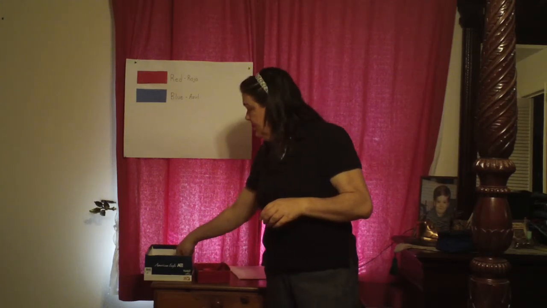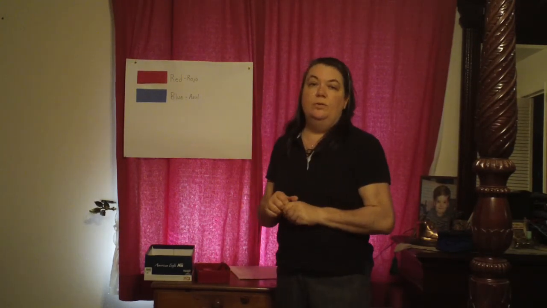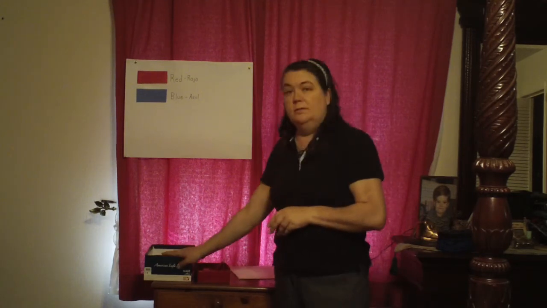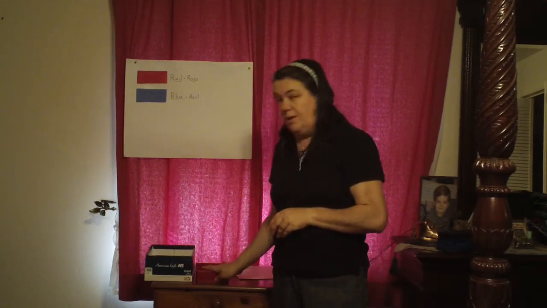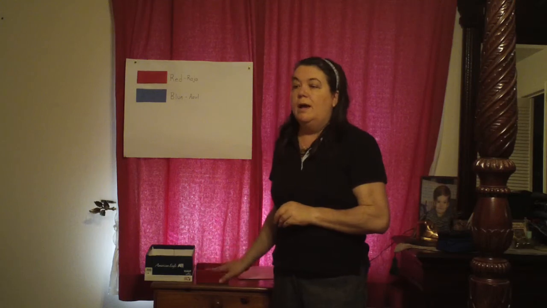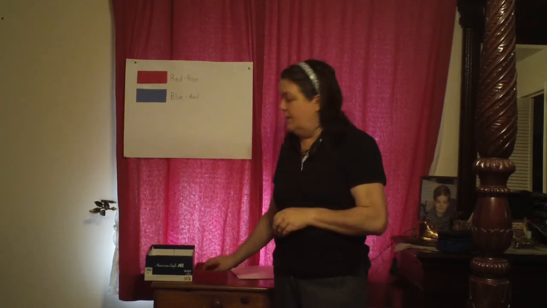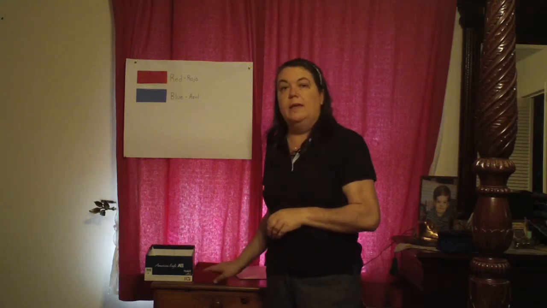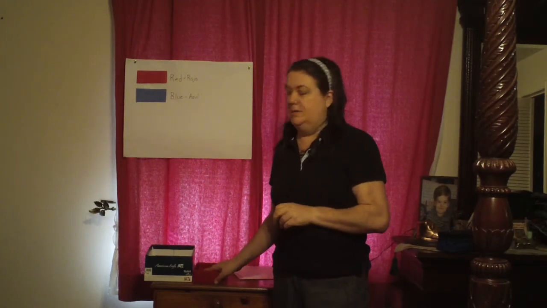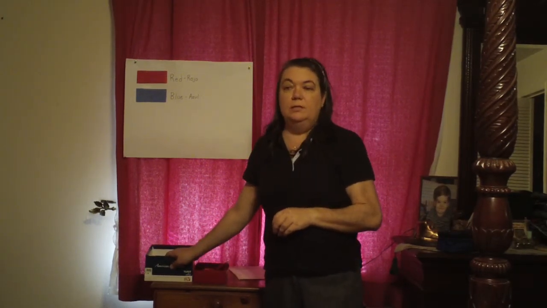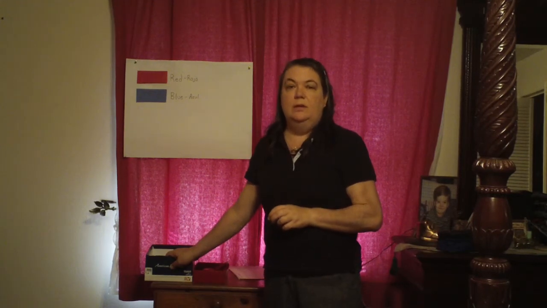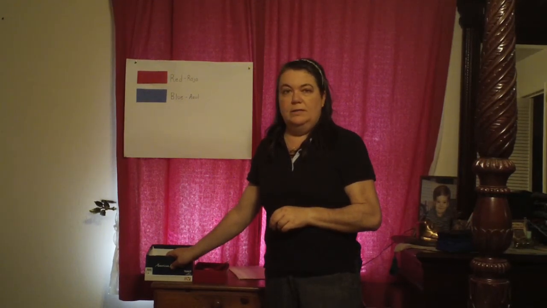I want each of you, when you are going through the room, if you find anything else that is red or blue, I would like you to add it to the collection. If you can find more red things, put them in the box. If you can find more blue things, put them in the box. That is part of our day today.